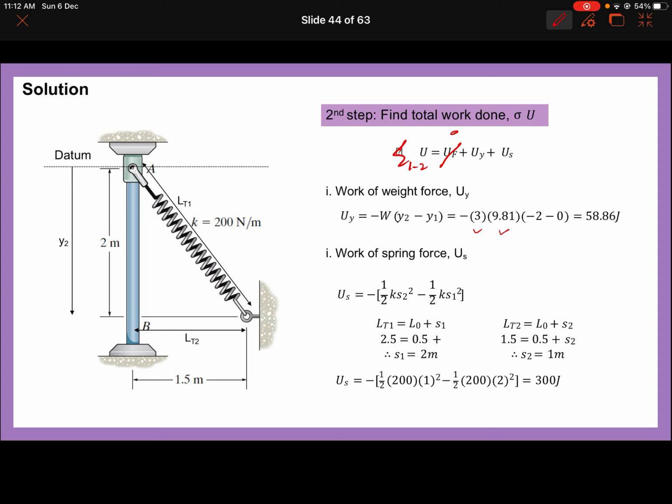We get 58.86. Next, the work of spring force, Us equals negative half K S2 squared minus half K S1 squared. Find S1 and S2 first. So LT1 equals L naught plus S1, and LT1 is here.